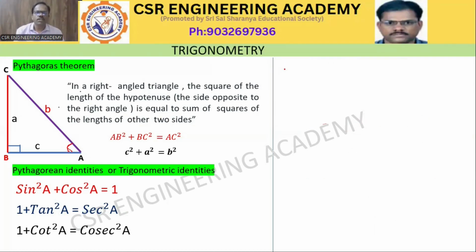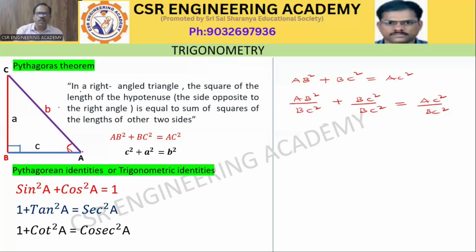By definition, AB square plus BC square is equal to AC square. Divide each term by BC square. AB square by BC square plus BC square by BC square is equal to AC square by BC square.